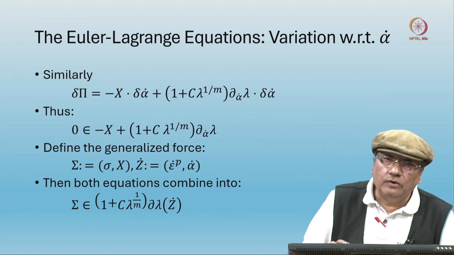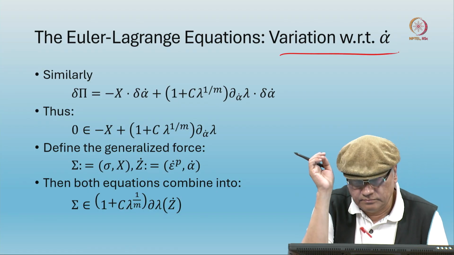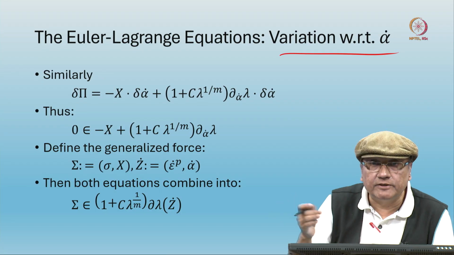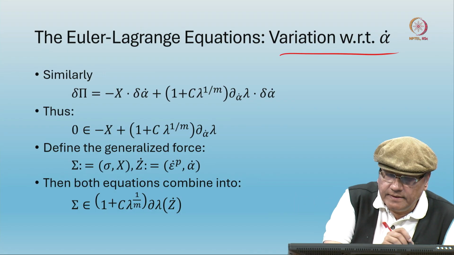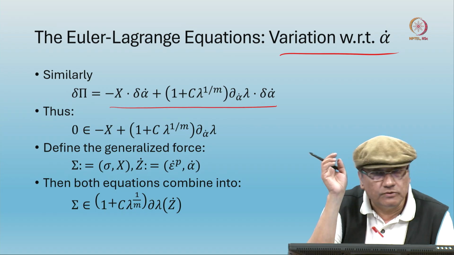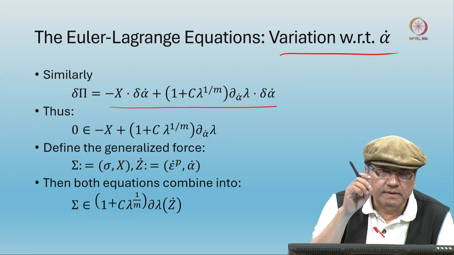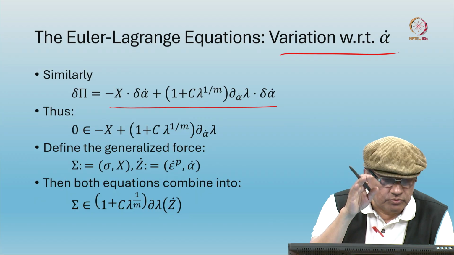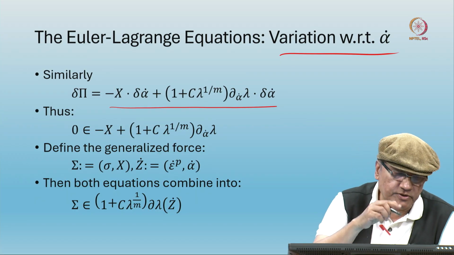Now we will take the variation with respect to alpha dot, that also let us do. So delta pi with respect to alpha dot is also 0, and if you do the details then you get this. Please write them yourselves on a piece of paper and ensure that every formula you understand thoroughly, so that you can proceed forward with a full understanding of the subject.